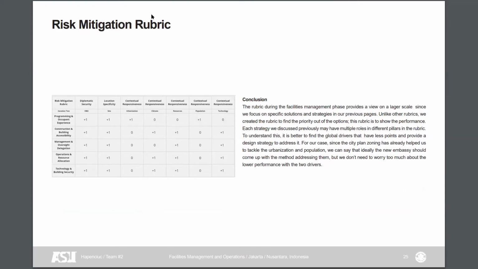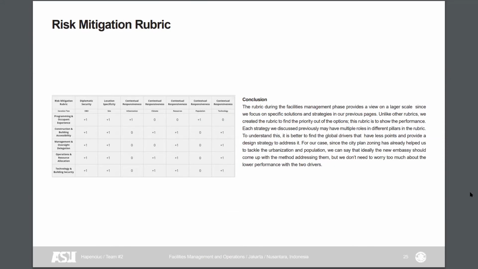Unlike other rubrics, we created this rubric to find the priority within all the global drivers. In other words, this rubric is to show the performance of the Jakarta embassy. So to understand this, it is better to find a global driver that has fewer points and provide a design strategy to address it.